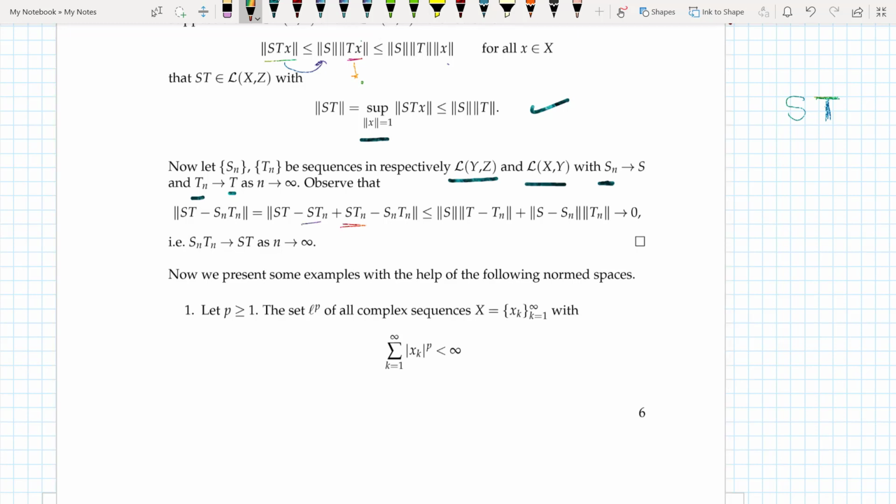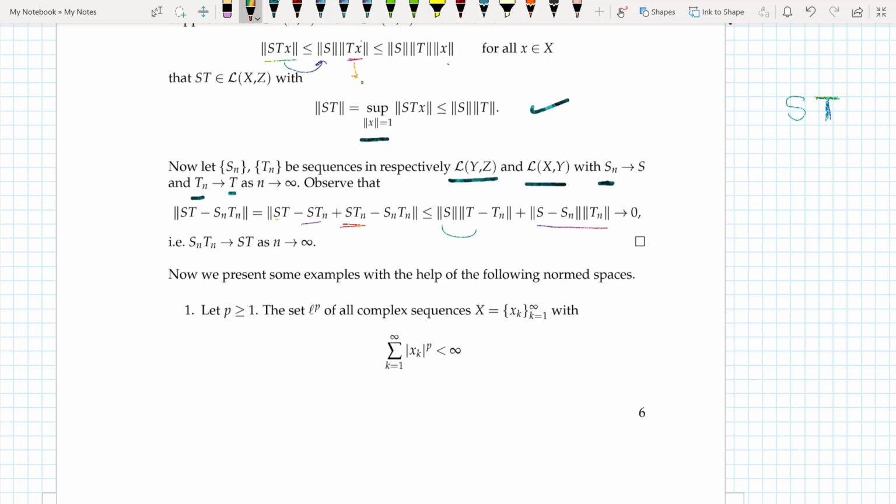And then again, based upon the triangle inequality, I can take S out here, and here it would be T minus Tn, and I can write it separately like this. And similarly, I can take Tn out and write it separately like this.